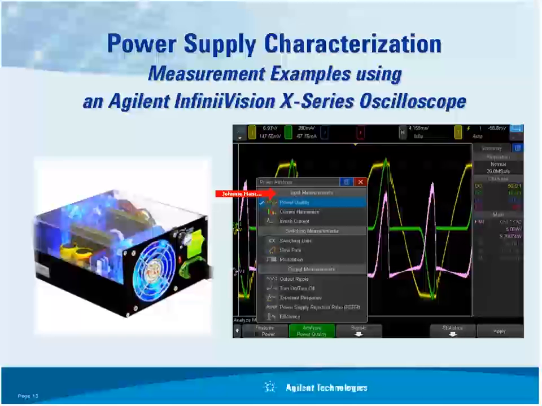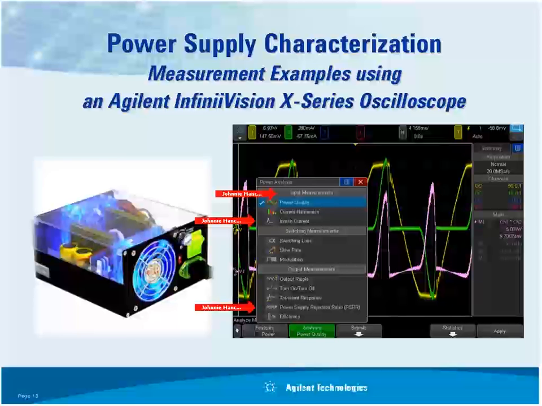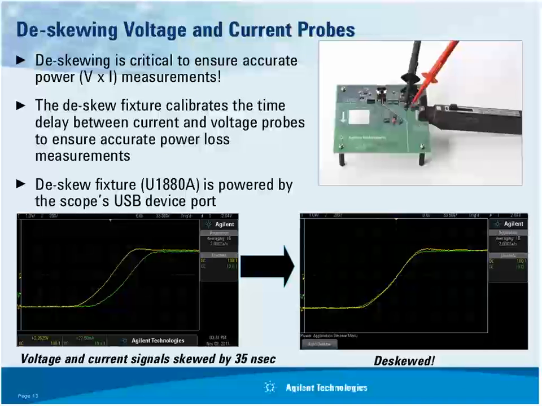There are some unique measurements that are available in our scopes that are not available in many other vendor scopes, particularly some of what I would call transient or single shot measurements: inrush current, turn on, turn off, and transient. And this is probably the most unique measurement that I don't think you'll find on any other oscilloscope, and that's power supply rejection ratio. We'll get into that in just a little bit.